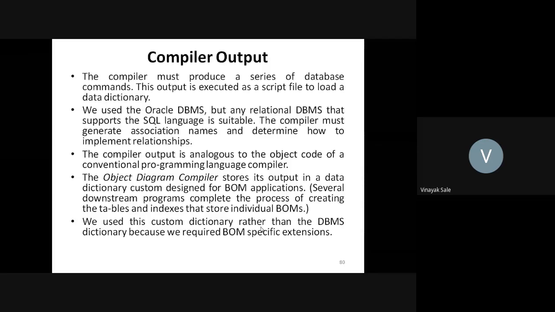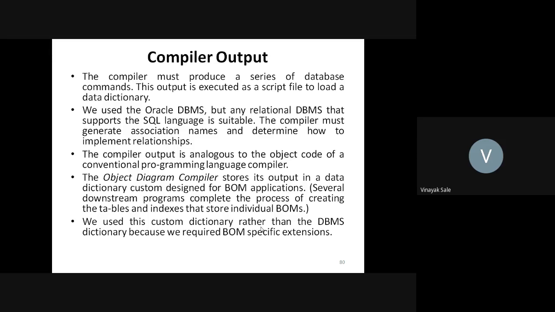Then what is the compiler output? Whenever you are given some input, there must be output. The compiler must produce a series of database commands. This output is executed as a script file to load a data dictionary.